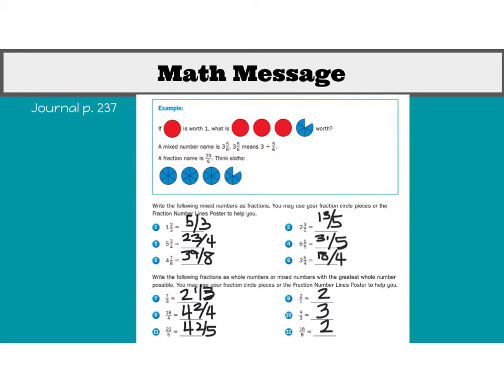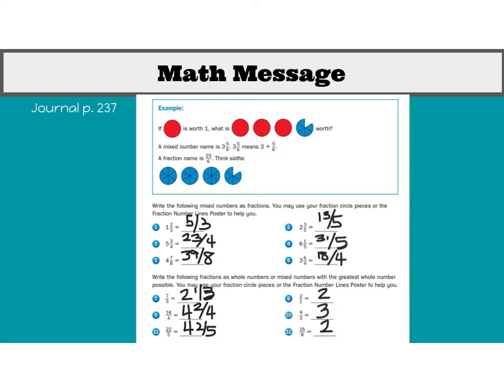Okay, so let's check to see how you did. So number 1, you should have gotten 5/3, 2, 13/5, 3, 23/4, 4, 31/5, 5, 39/8, 6, 18/4.